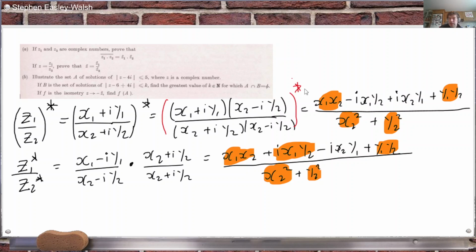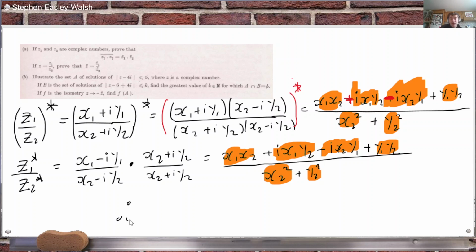So that actually flips the signs on the i's, so that becomes a plus and that one becomes a minus after you conjugate. So now that's i X1 Y2, that's i X1 Y2, and then that's minus i X2 Y1 on both. Yeah, it works. Okay. Forgot about the conjugate. I was focused on rationalizing the denominator. So good, they're the same.